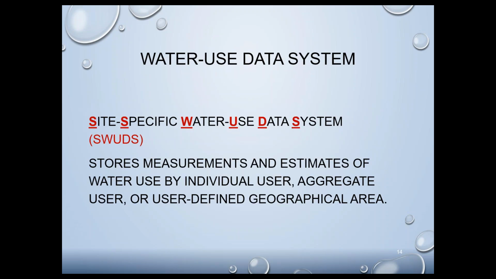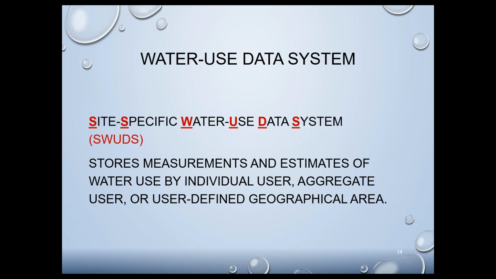Okay, I'm going to move on here. Our site-specific water use data system, or SWUDS, stores measurements and estimates of water use by individual users, aggregate users, or user-defined geographical areas. There is also an AWUDS system.